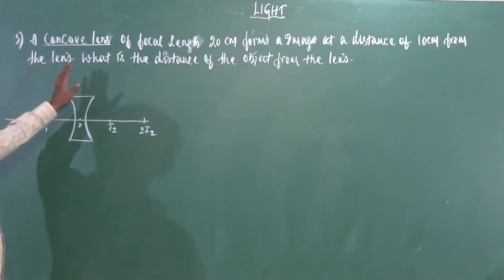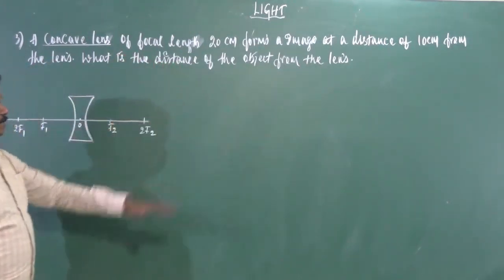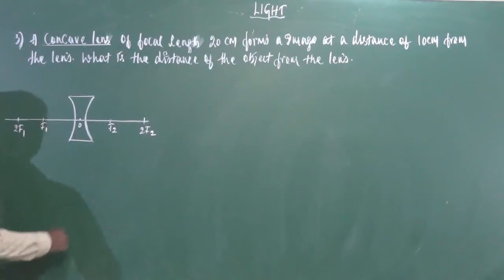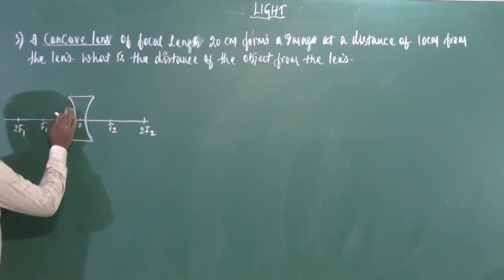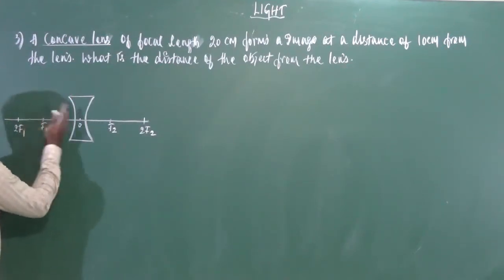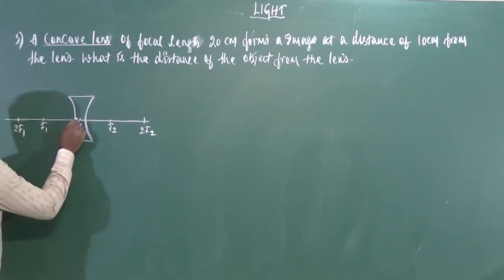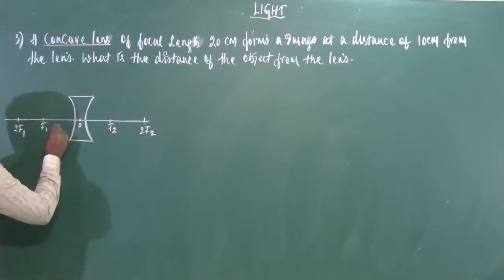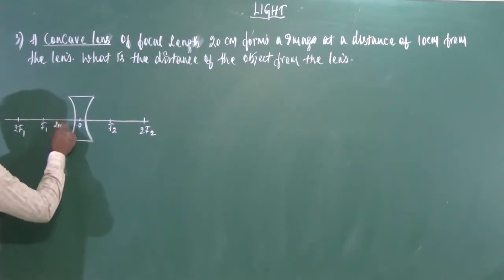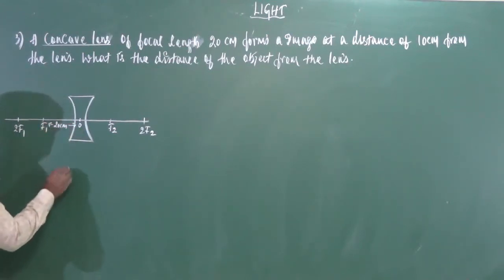A concave lens has a focal length of 20 centimeters. Now, we know that in a concave lens, the image is formed on this side, that is the left side of the lens always. So therefore, the focal length, that is f1 to optic center, is 20 centimeters. So we'll write the data.